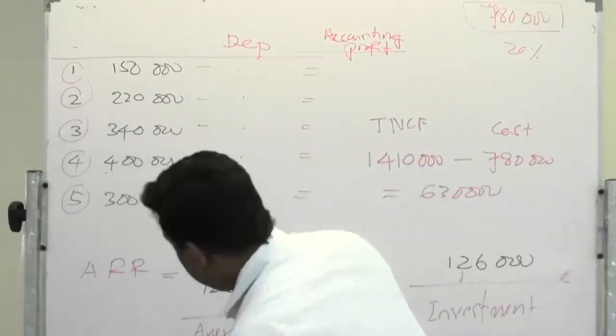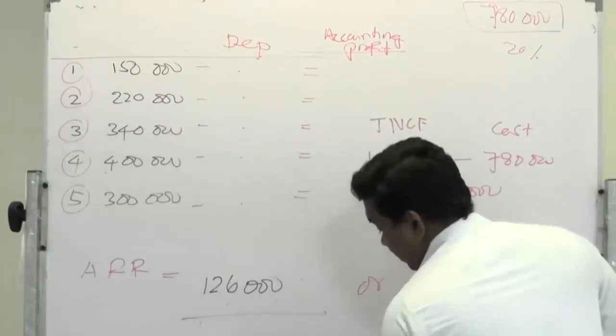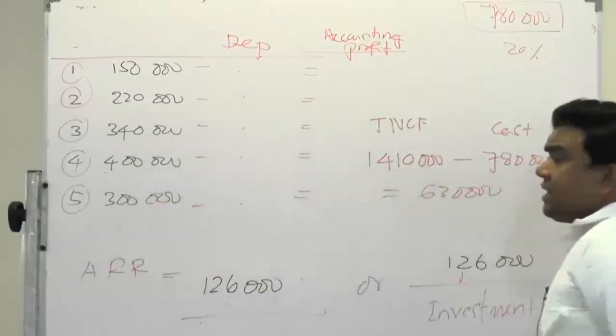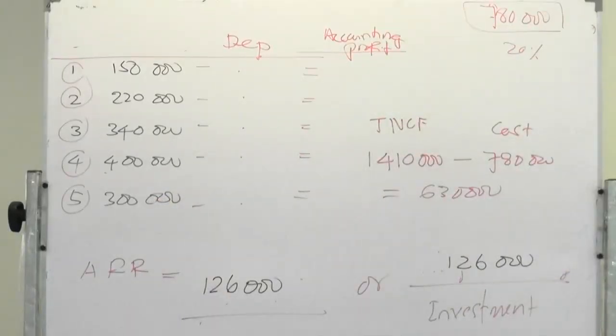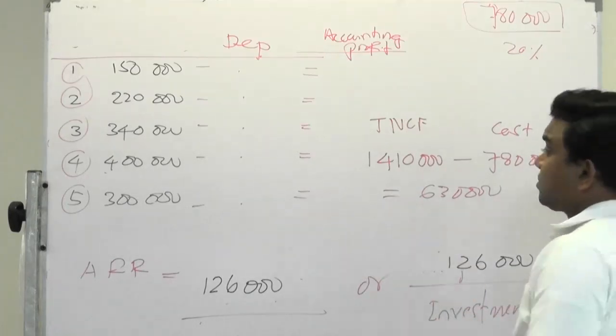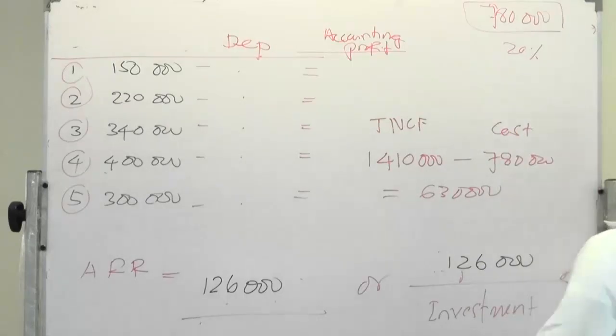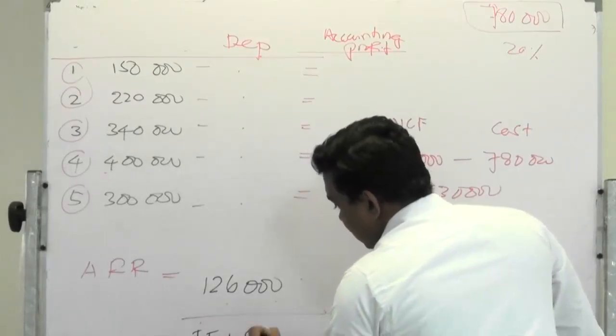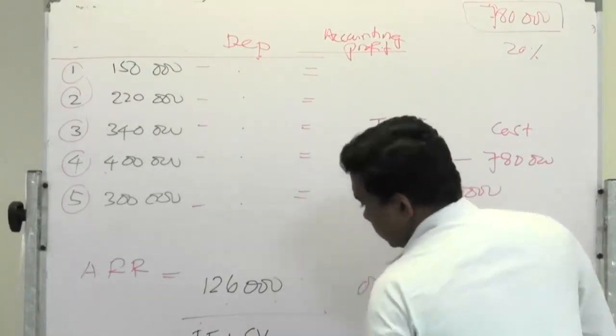Average investment means you will take the initial investment and the investment value at the end of the 5th year, divided by 2. Now the investment value at the end of the 5th year is 0, that is no scrap value. The investment value at the end of the period is the scrap value. Therefore initial investment plus scrap value divided by 2.